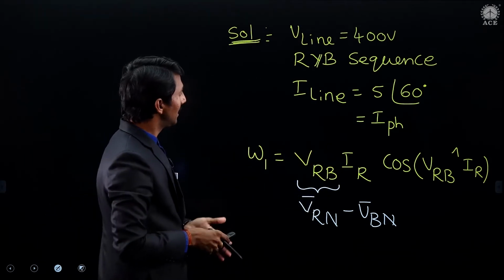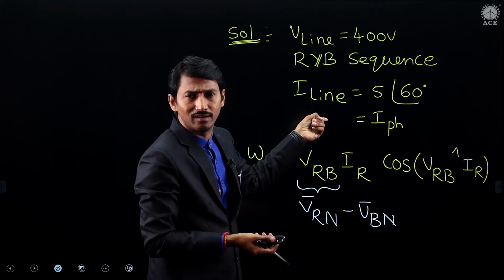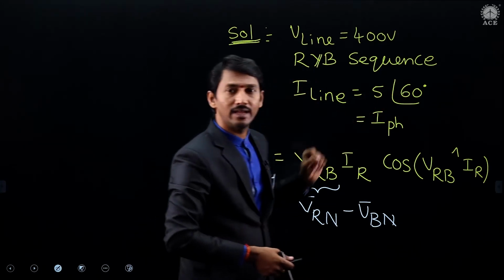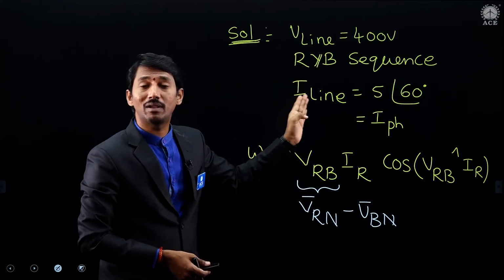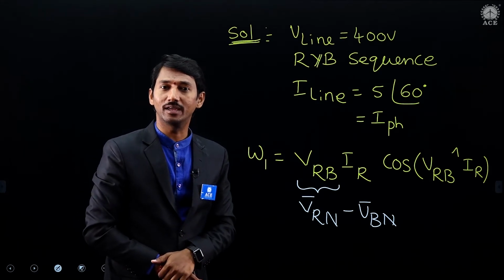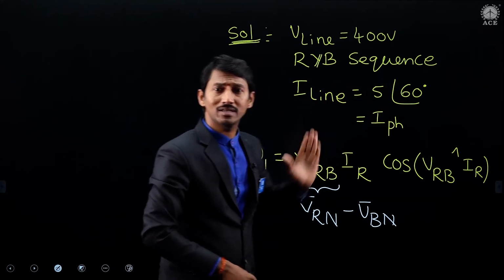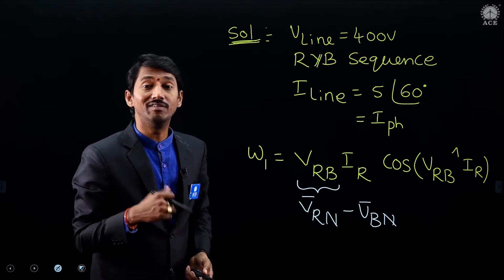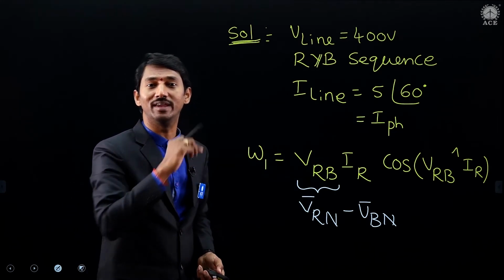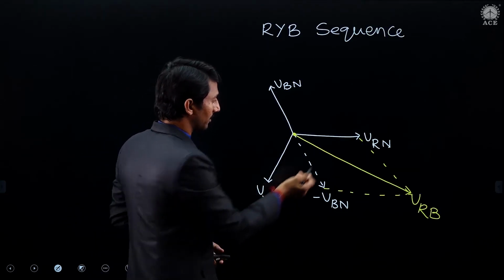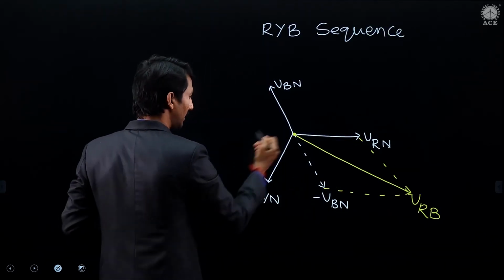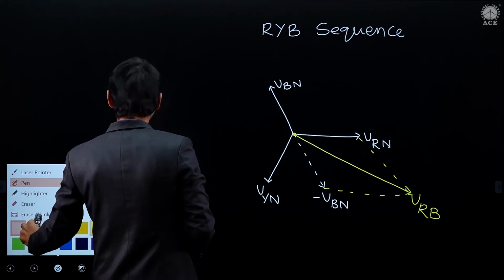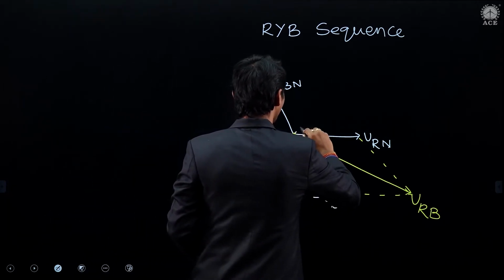Here concentrate. Sir, IR is given, line current is given as 5 at an angle of 60. Current with a plus angle, is it leading or lagging? It is a leading current by how much? 60 degrees. With which parameter? Its own phase voltage. So if this is VRN, where will be the IR vector?